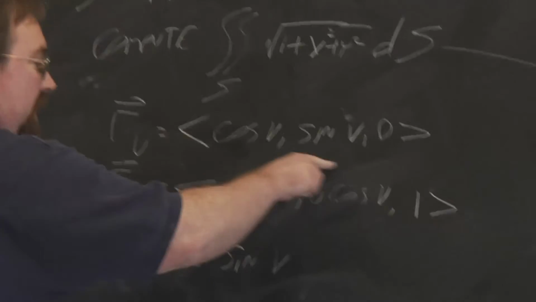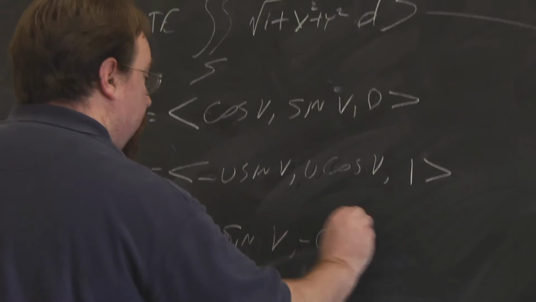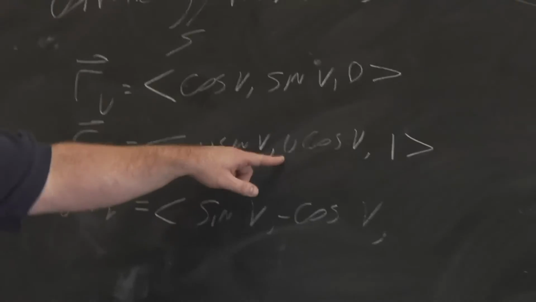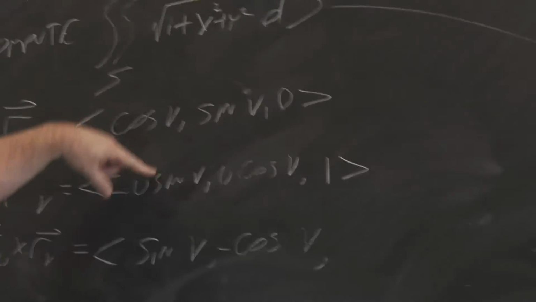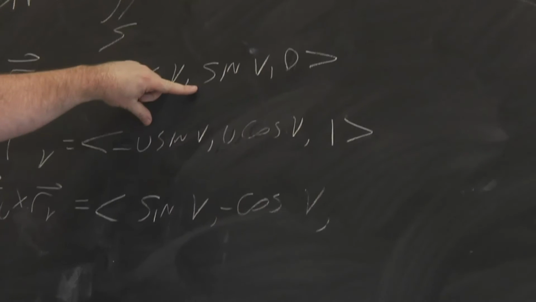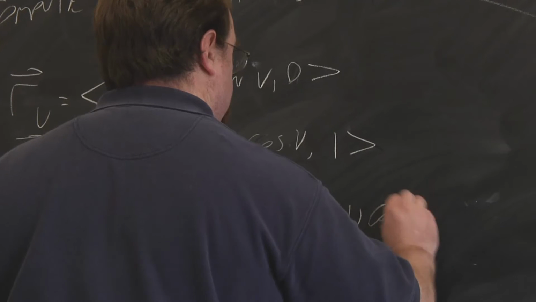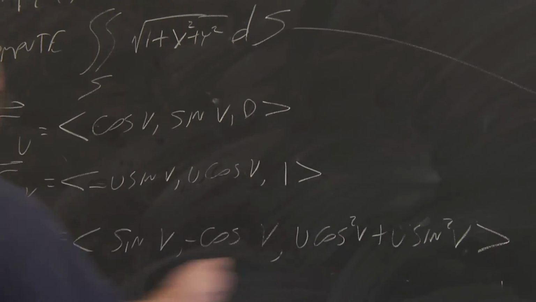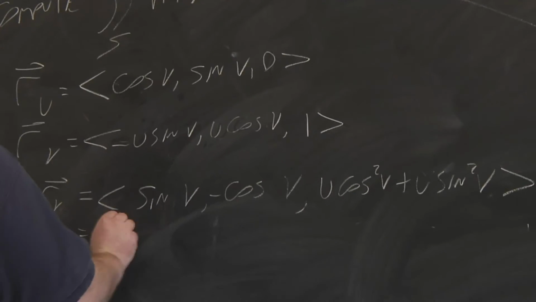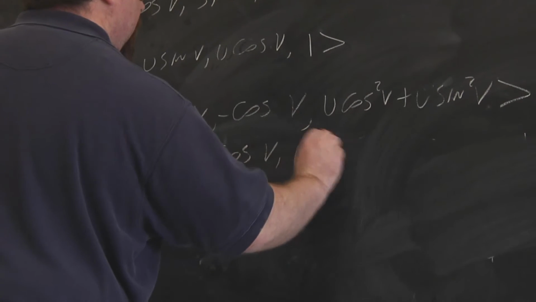Then we have 0 times this minus cosine v times 1, so minus cosine v. And then now, for the final component, we're going to have u cosine squared v minus the product of these two, which will give us plus u sine squared v. But that's just going to simplify to u. So we're going to have sine v, minus cosine v, and u.